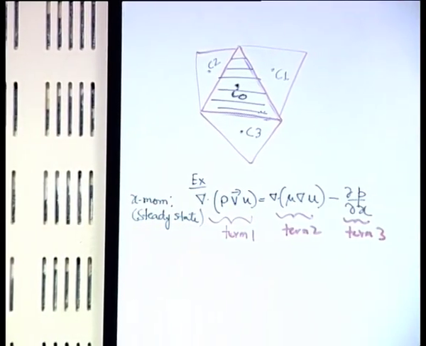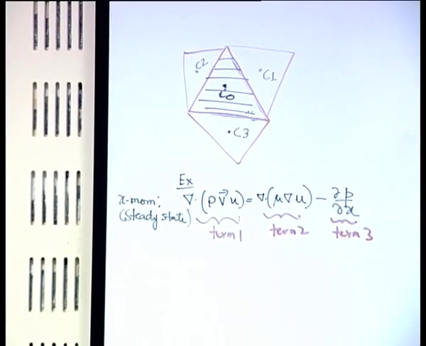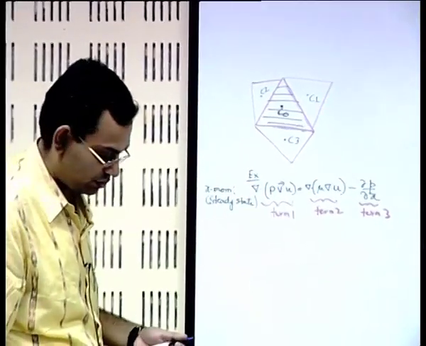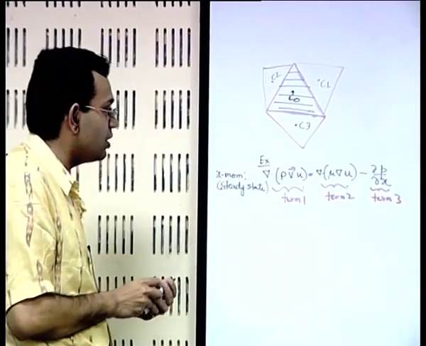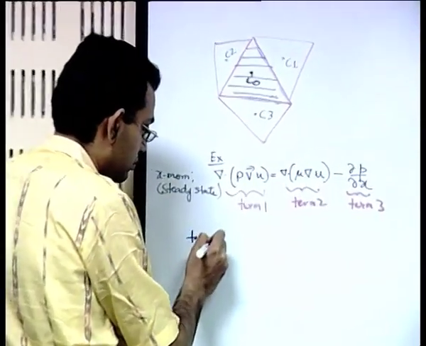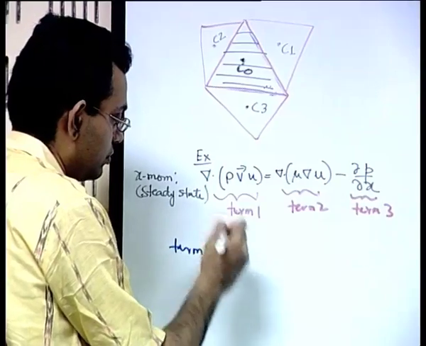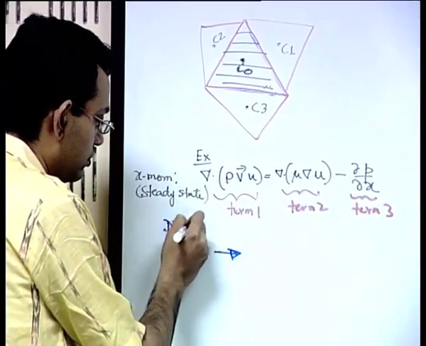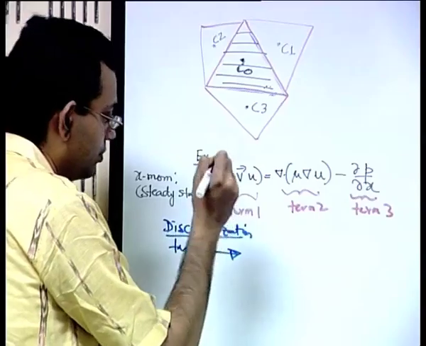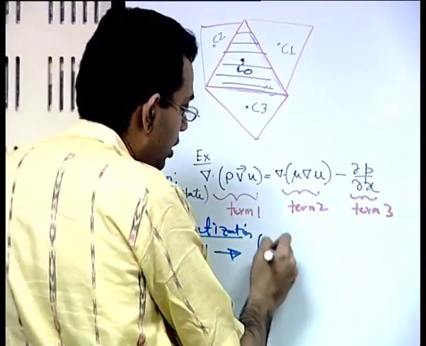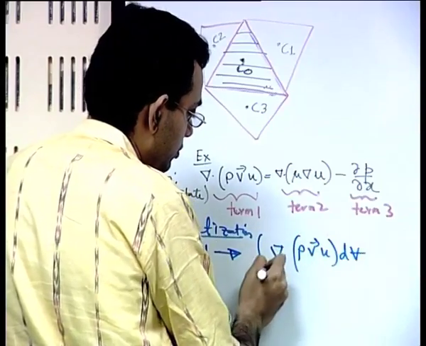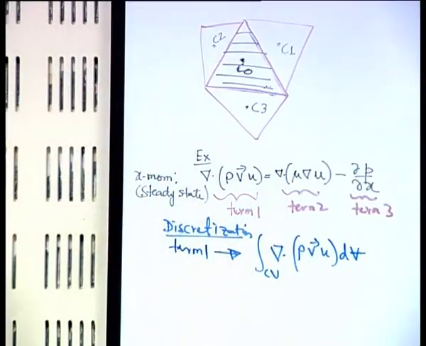So what is the first step that we would follow in the finite volume method? Integrate the governing equation over the shaded control volume. So let us try to do that. Discretization of term 1. So integral, where the control volume is the shaded triangle.